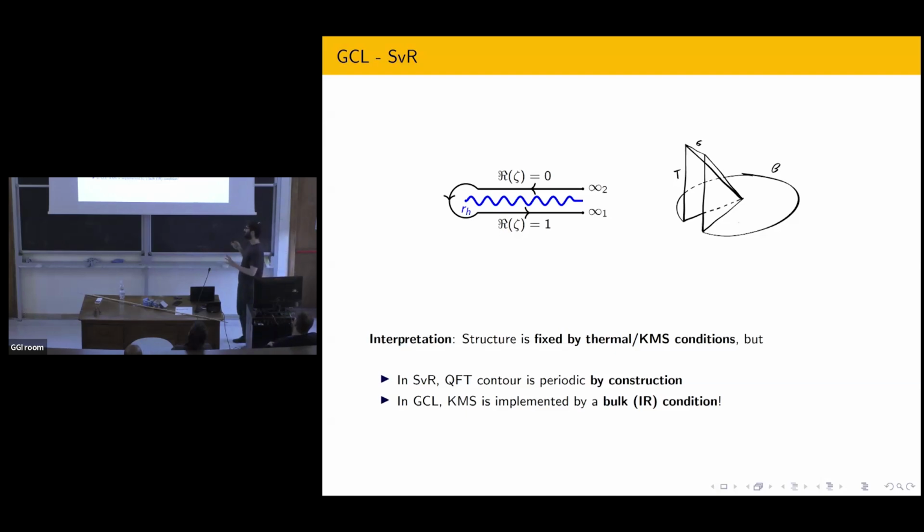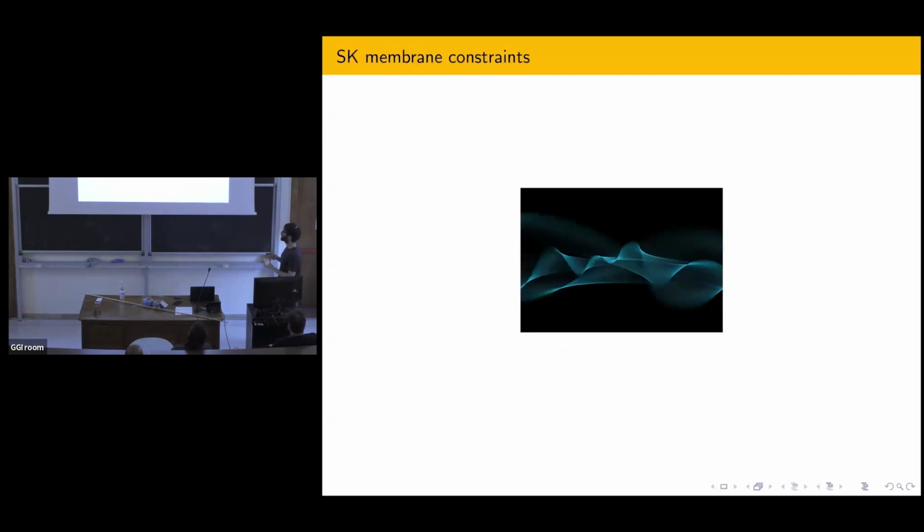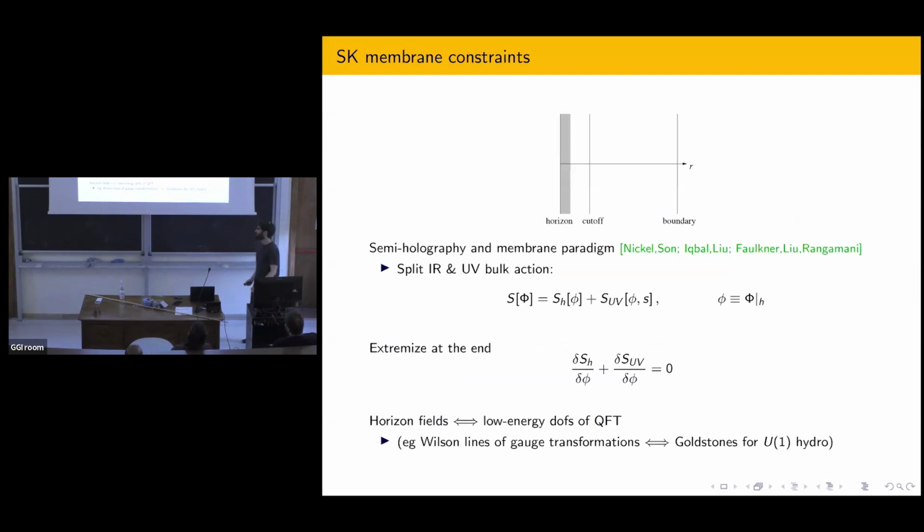Okay, let's try to understand this a little bit better. And this is the final section of my talk. So I will use ideas from semi-holography and the membrane paradigm. This works as follows. I'm going back to just a single bulk now. We have just one Lorentzian black hole.